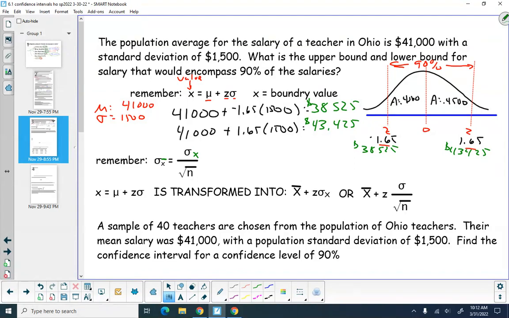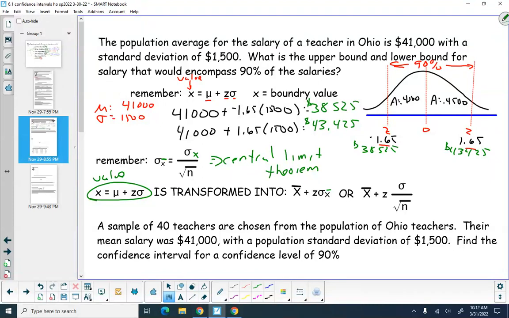That went into the central limit theorem. And what we're going to do is transform this equation that we had for calculating our values into x bar.